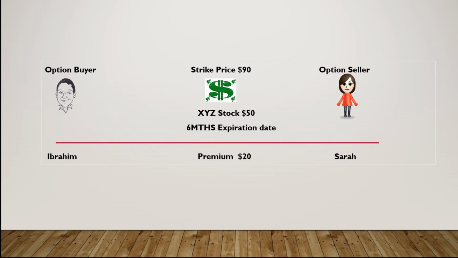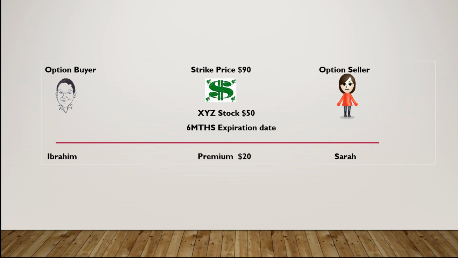Sarah agrees to sell the stock at $90. Now for Sarah to accept the agreement, Abraham has to pay Sarah a premium. Once he pays that premium, she then loses her rights for the next 6 months.